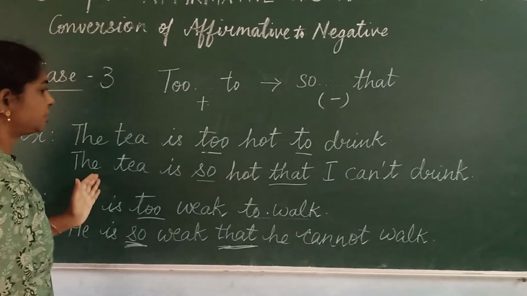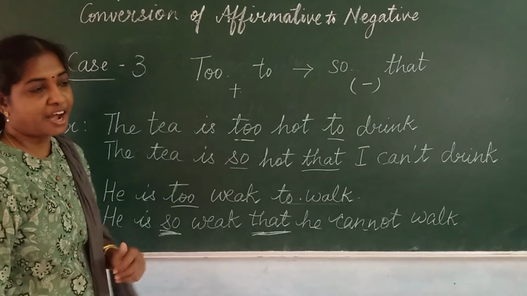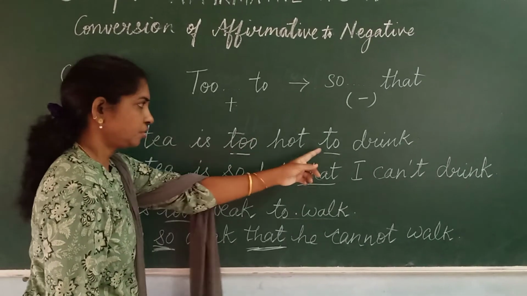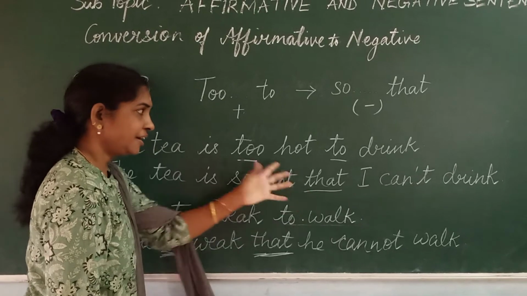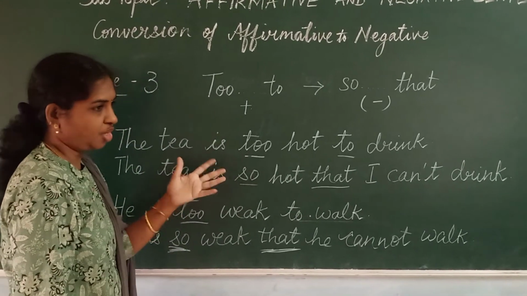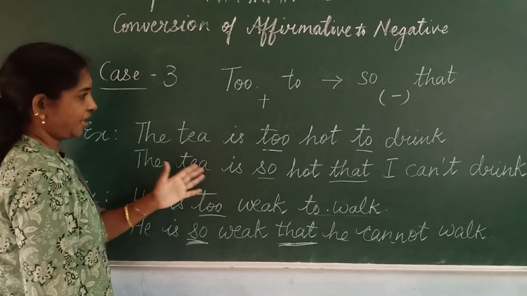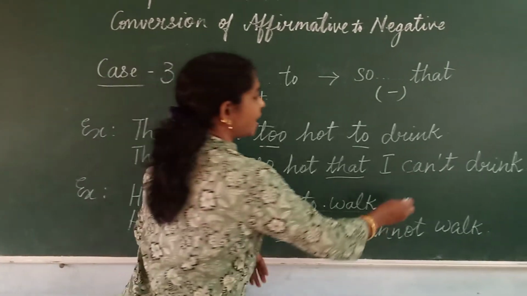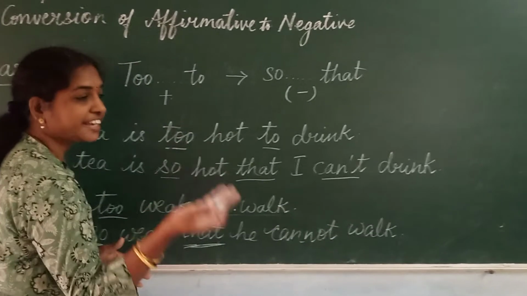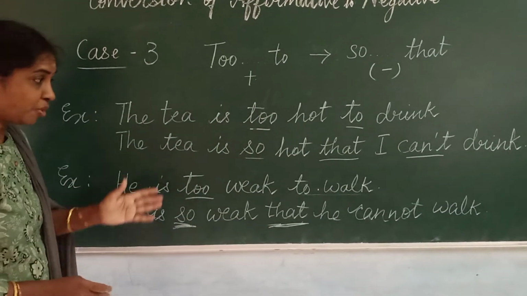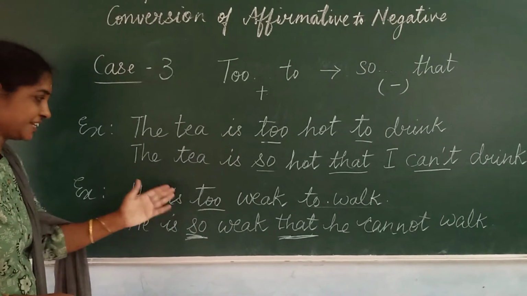So, the tea is so hot that I can't drink. See how I converted too to so that. Did the meaning of the sentence change? No, the meaning did not change, but I have used can't, cannot. It is a negative word. Yes? Okay.